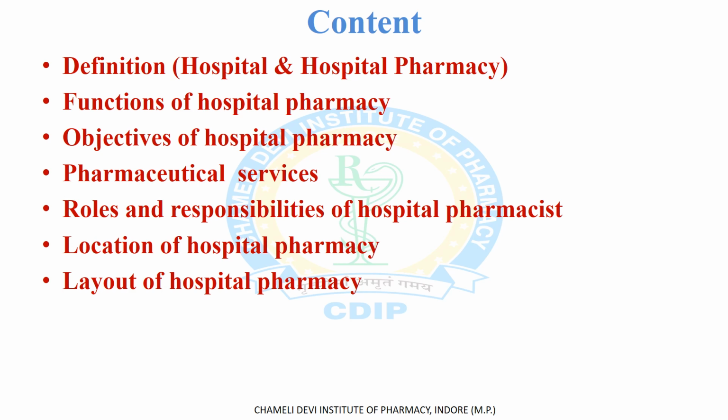Then functions of hospital pharmacy, objectives of hospital pharmacy, and services that a hospital pharmacy provides. After that, role and responsibilities of the hospital pharmacist, then location of the hospital pharmacy, where the pharmacy is located in the hospital, then layout of the hospital pharmacy, how the hospital pharmacy will be arranged.